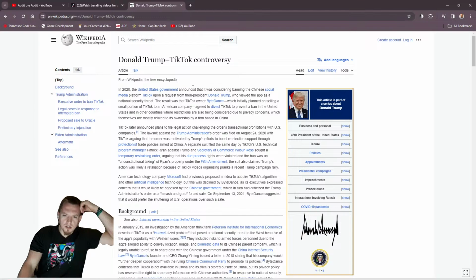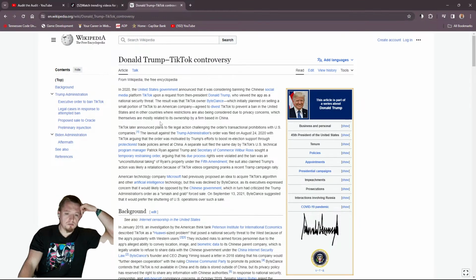The United States government announced that it was considering banning the Chinese social media platform TikTok upon a request from the then President Donald Trump, who viewed the app as a national security threat, which it is. The result was that TikTok owner ByteDance, which initially planned on selling a small portion of TikTok to an American company, agreed to divest TikTok to prevent a ban in the United States and in other countries where restrictions are also being considered due to privacy concerns, which themselves are mostly related to its ownership by a firm based in China, which it is.